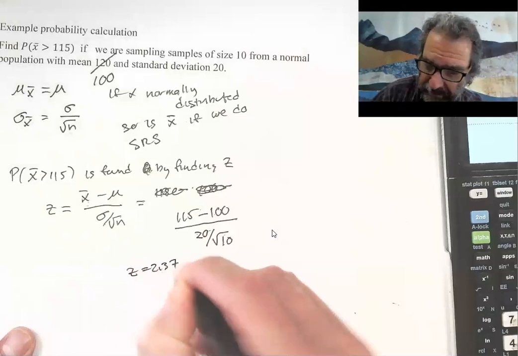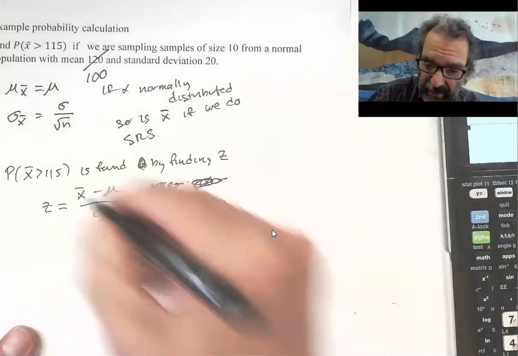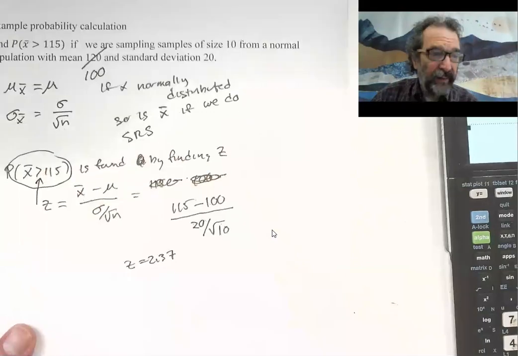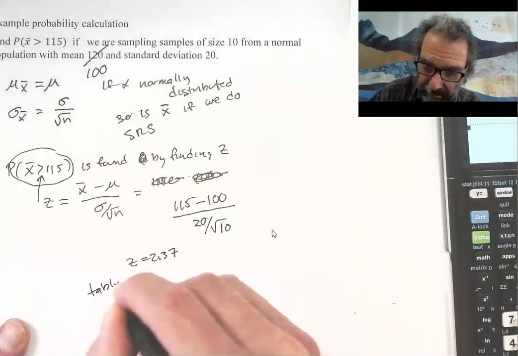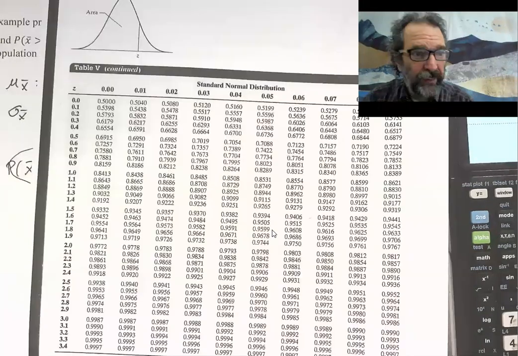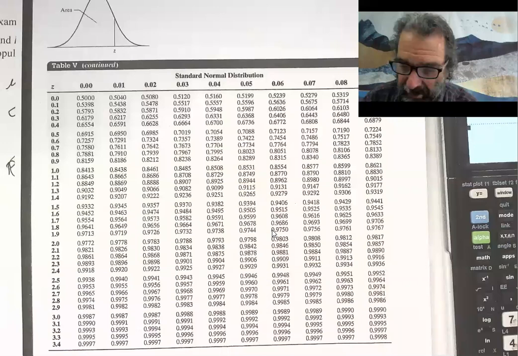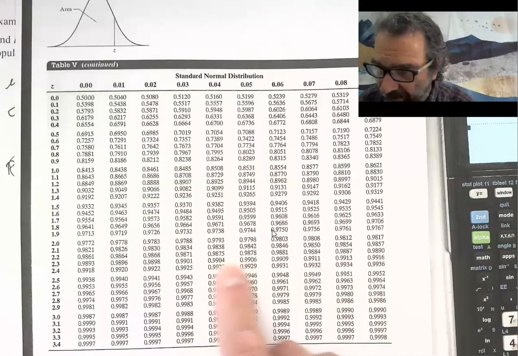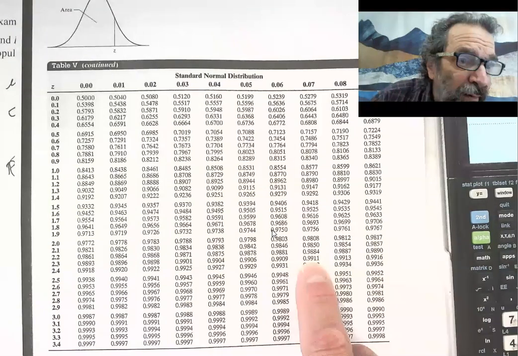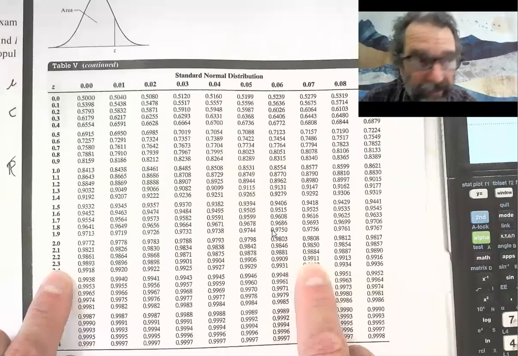And we're looking at being bigger than. So I'm going to look in the tables. I've got them here. 2.37 is here. 2.3 is over here, and 7 is up on top.